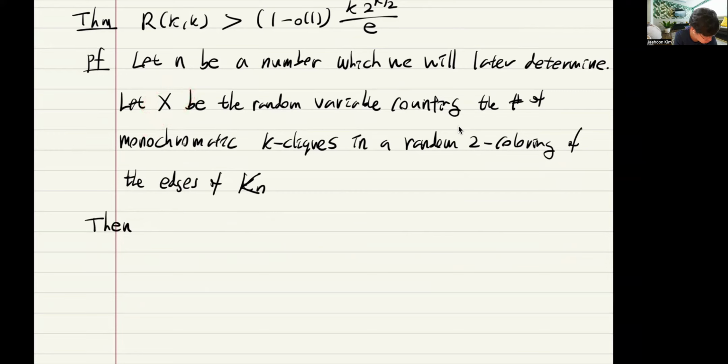Once we have this random variable, we want to compute the expectation. For that, how do we count it?